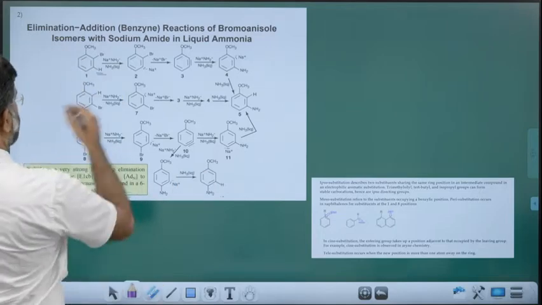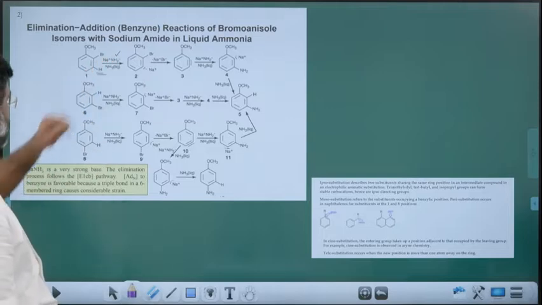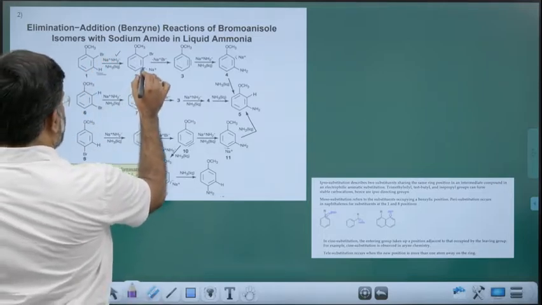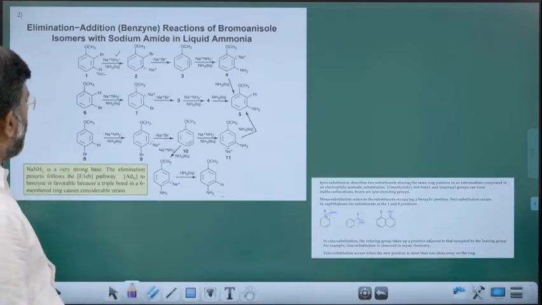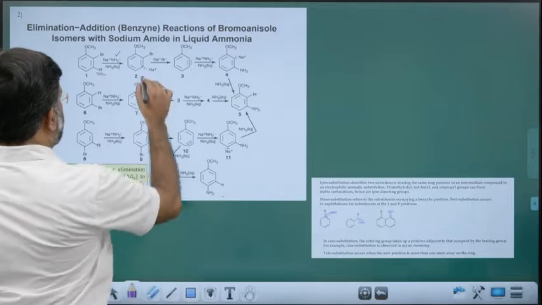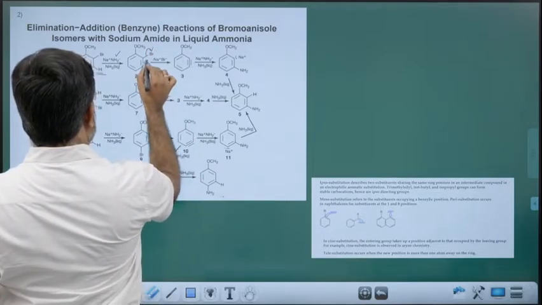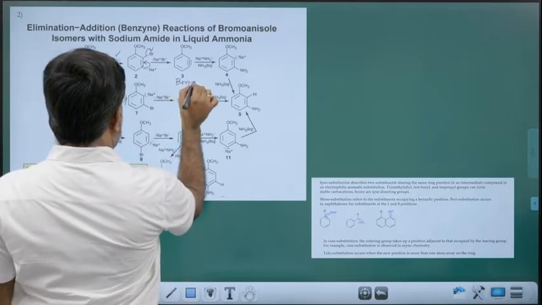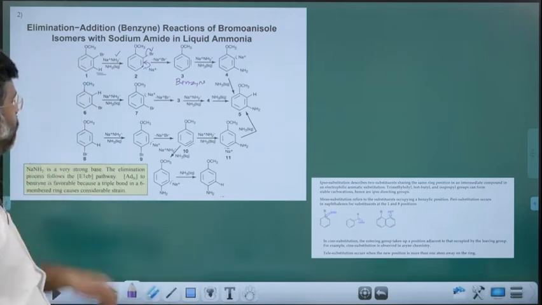This hydrogen is getting attacked by NH2 minus, and ammonia goes away. So you get a negative charge at the meta position. Now bromine is eliminated while the electron density migrates here, and this is what is called benzyne.